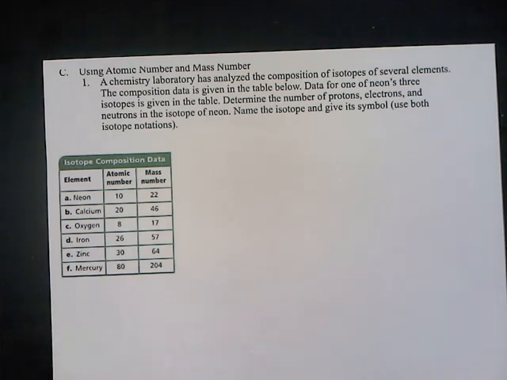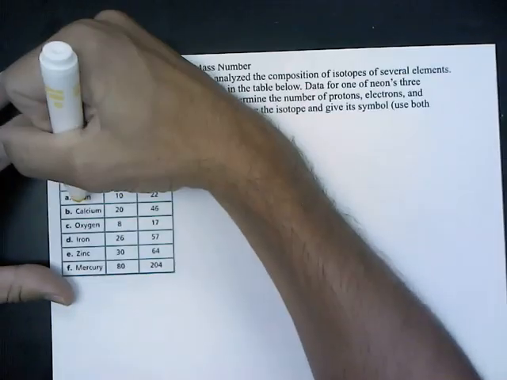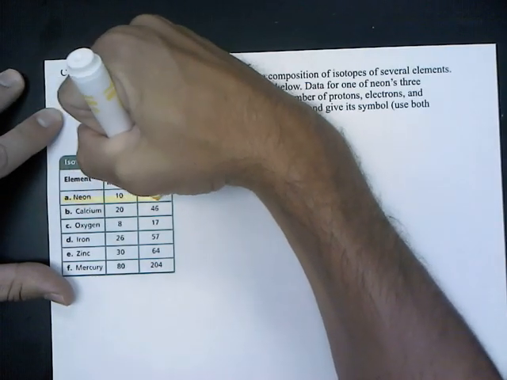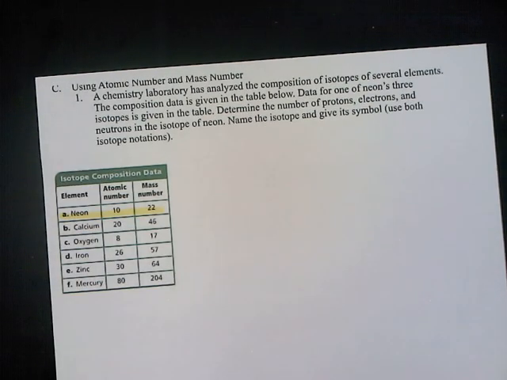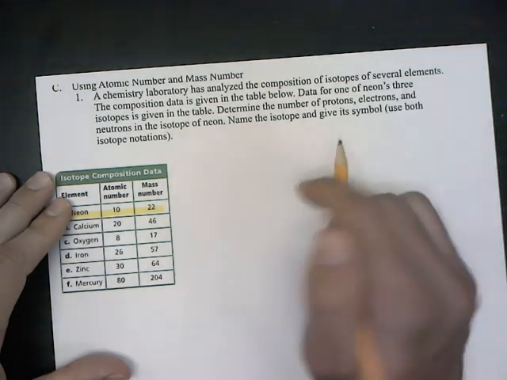All right, so the first thing here is I am going to highlight neon so we identify what row we are working with. Okay, so neon is this top row here, and it has an atomic number of 10 and a mass number of 22. So what I'm going to start out with is this.